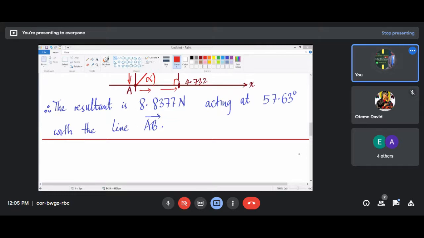Unless they say express the resultant force in vector form, then you may not compute the magnitude, you may just present the resultant in vector form. Okay, master.